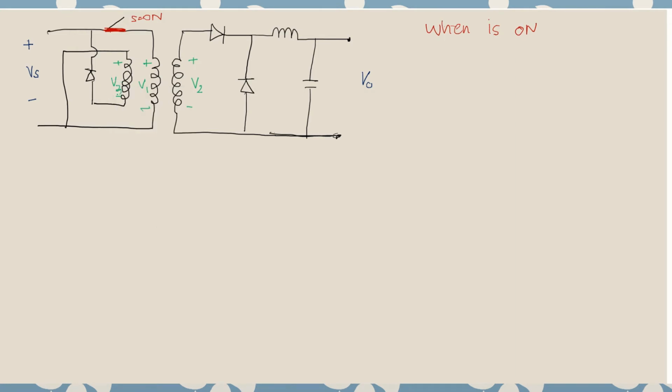Sorry. And then let's label this as D2. This is D1. This is L. And let's label this guy as D3.